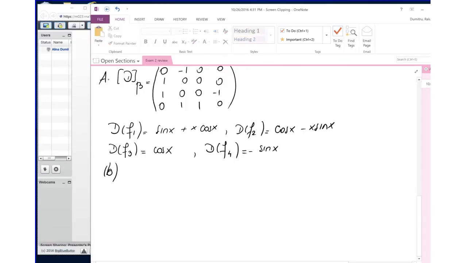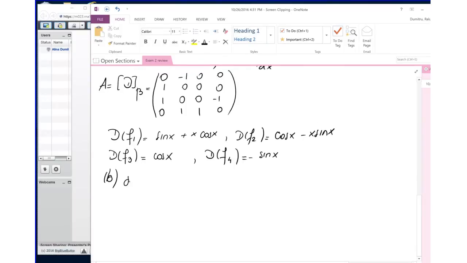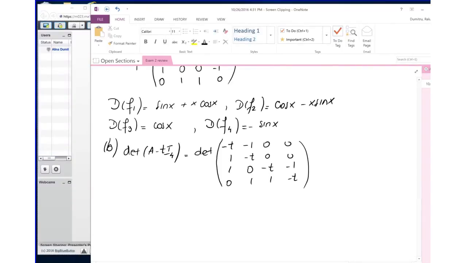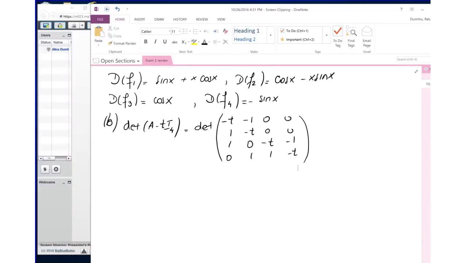So A is the matrix that we found in part A. So we need to look at the determinant of A minus T identity, 4 by 4, which is the determinant of the following matrix: negative T, negative 1, 0, 0; 1, negative T, 0, 0; 1, 0, negative T, negative 1; 0, 1, 1, negative T. Now, how do you find the determinant of this matrix?